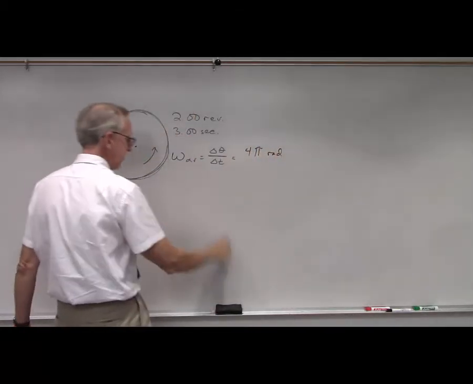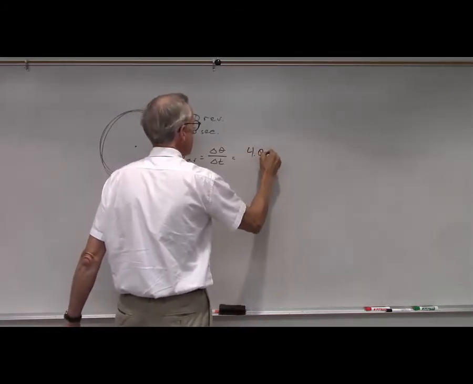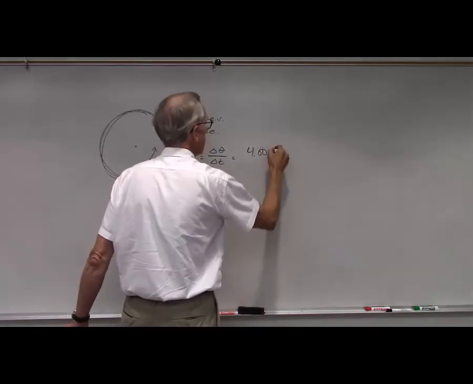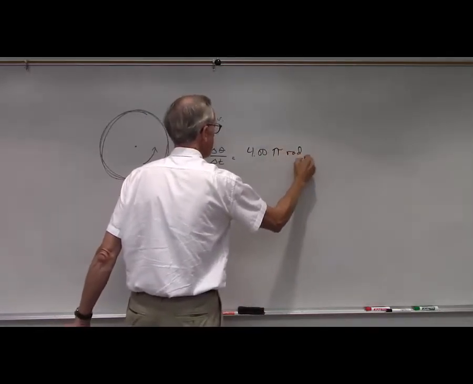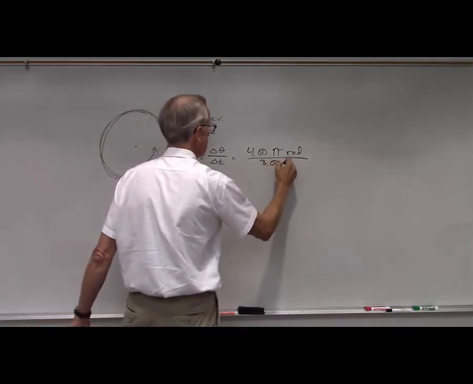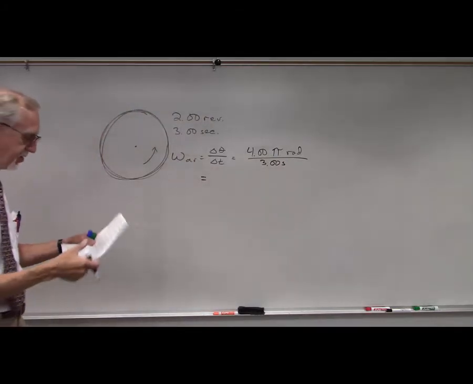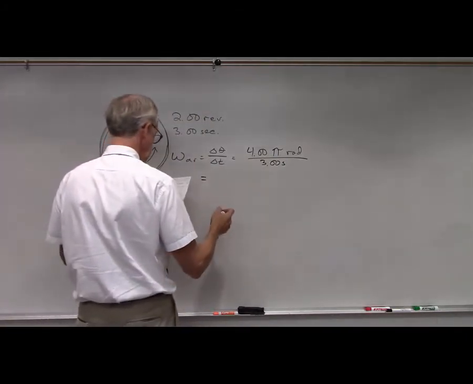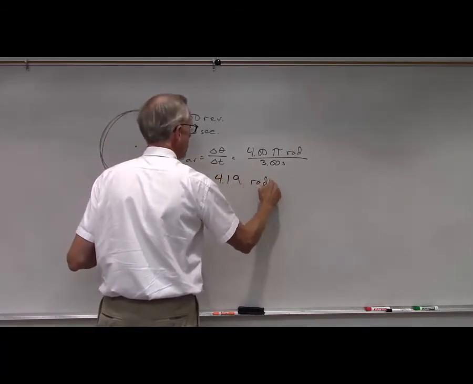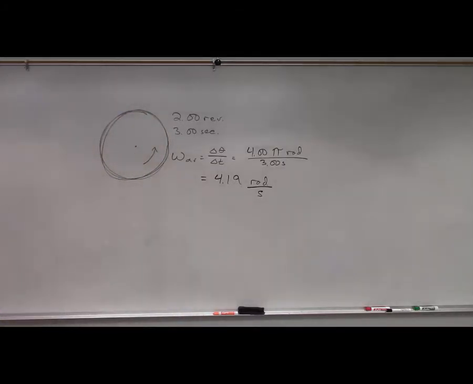Now, if we want to emphasize this is actually 3 sig figs, we'll write this as 4.00 pi radians, divided by delta t, which is 3 seconds. So take 4 times pi divided by 3, and what do we get? We get 4.19, and then what are the units? Radians per second.